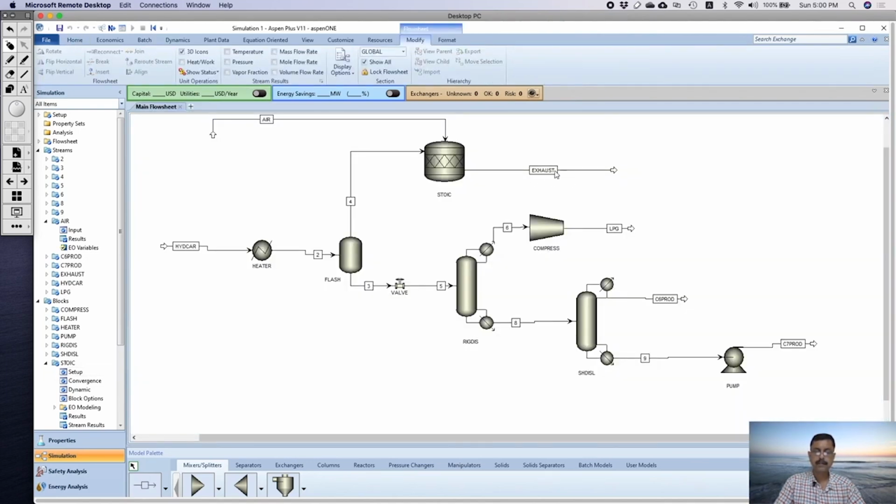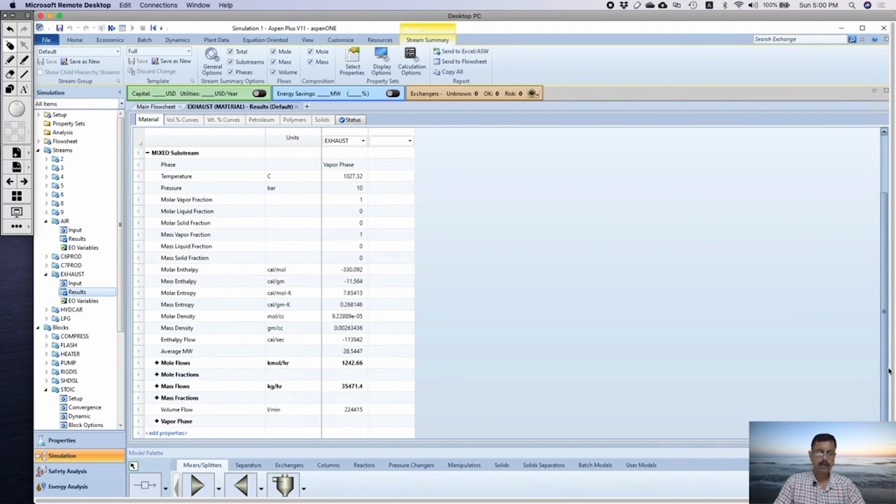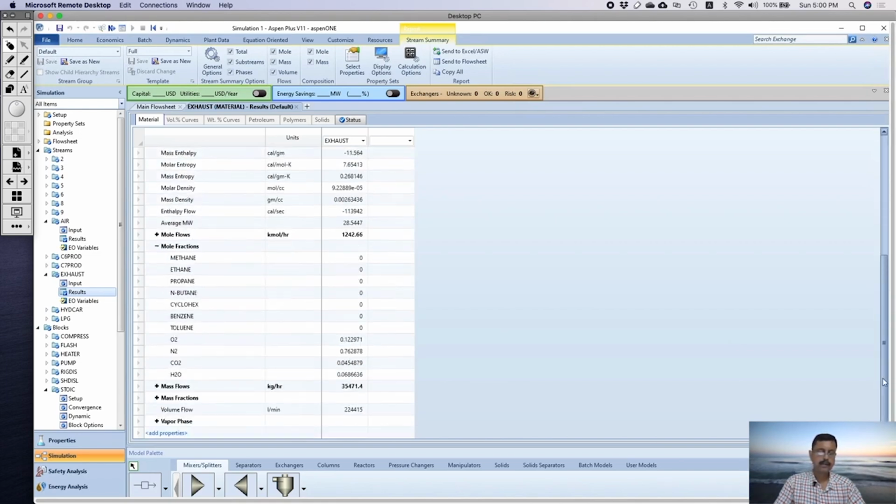Exhaust gas. We are interested to know the composition of this gas. So its molar flow is 124266. Now we can see it is 100% conversion, so no methane, no ethane, no propane, no N-butane, no cyclohexane, benzene, etc. Mostly carbon dioxide and water.